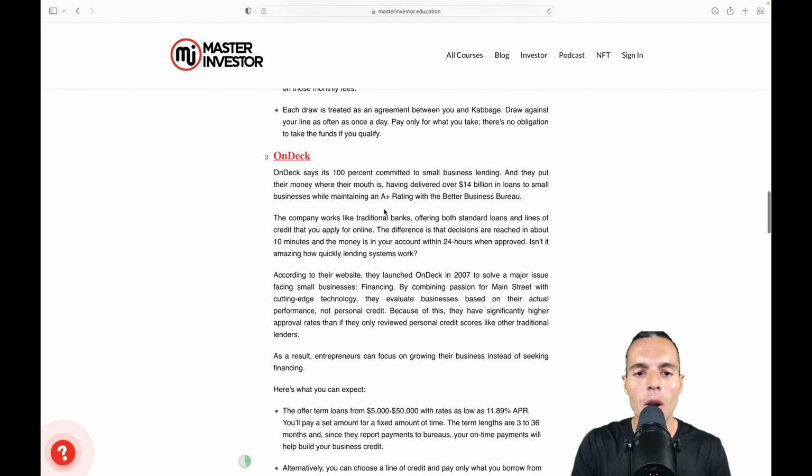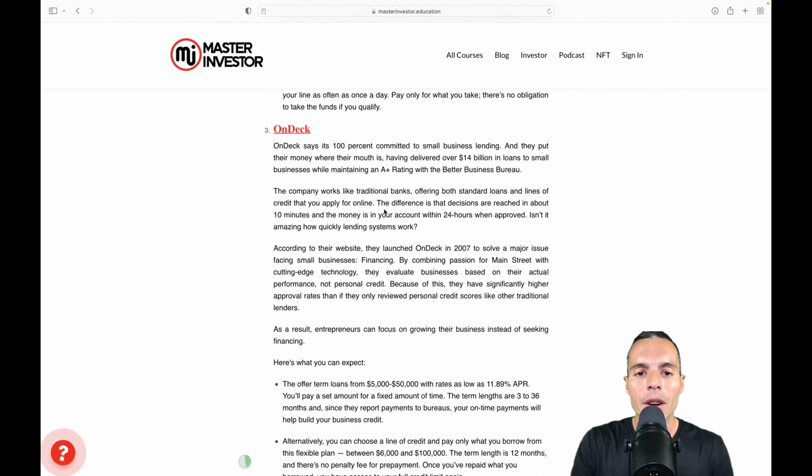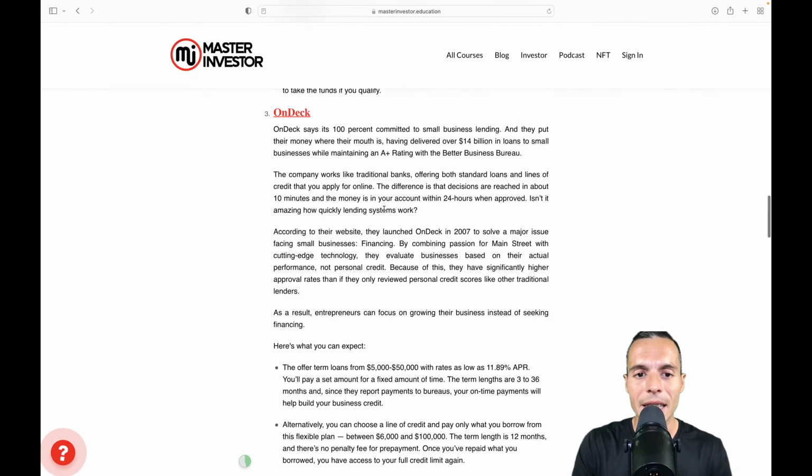Number three, On Deck. On Deck says it is 100% committed to small business lending, and they put their money where their mouth is, having delivered over $14 billion in loans to small businesses while maintaining an A+ rating with the Better Business Bureau.